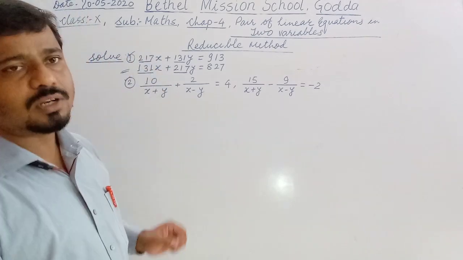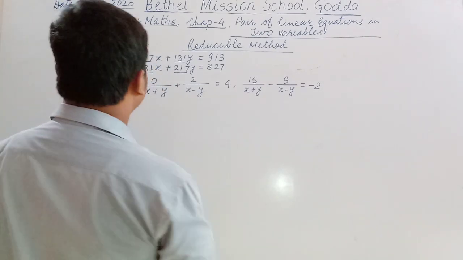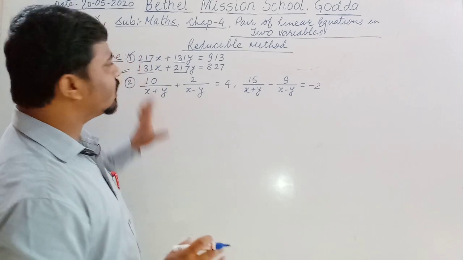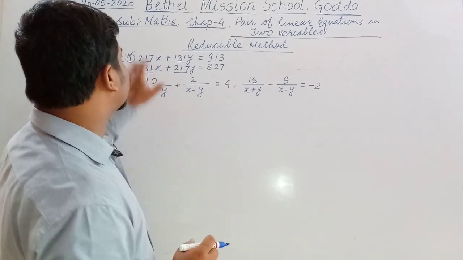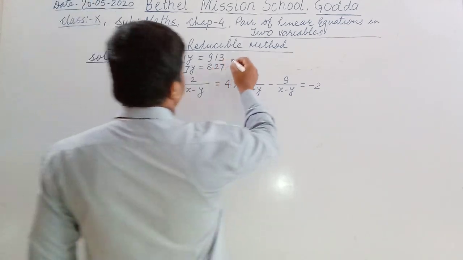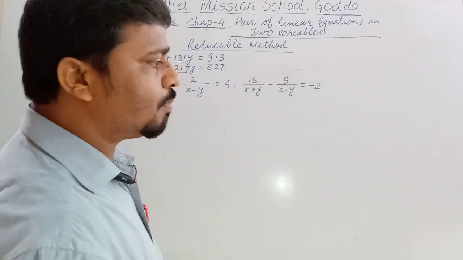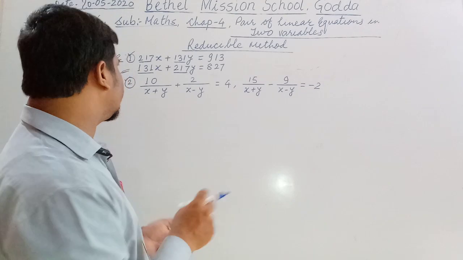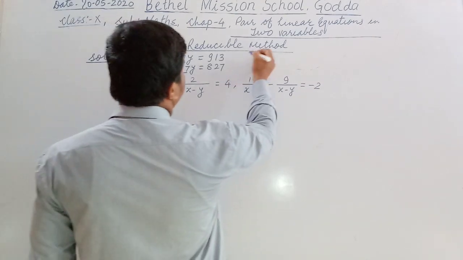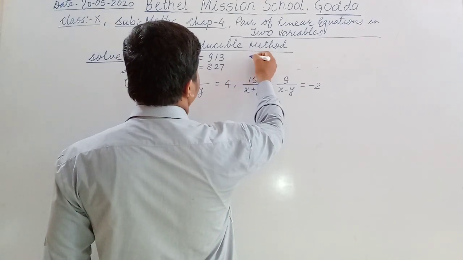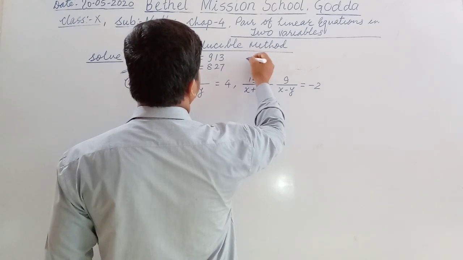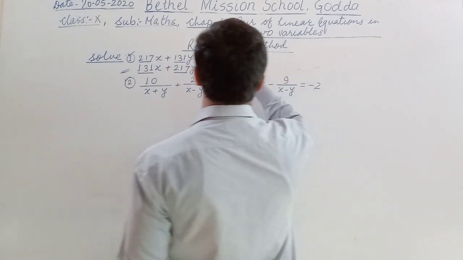So in this situation what will you do? What will be the easiest way to do this type of question? For this type of question, we will use the reducible method, and in the reducible method, we will apply addition and subtraction of the equations.